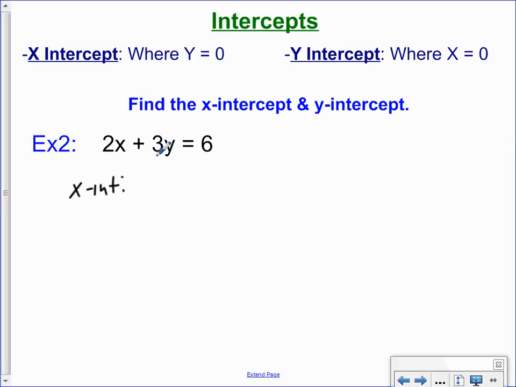That cancels all of that. So you have 2x plus 3y, and if y equals 0, then 3y is 0, so 2x is equal to 6. Divide everything by 2, you get x equals 3. So the x-intercept is at 3, 0.